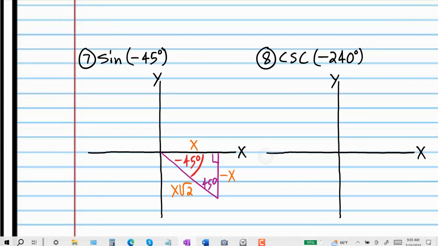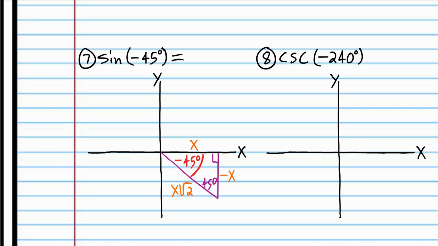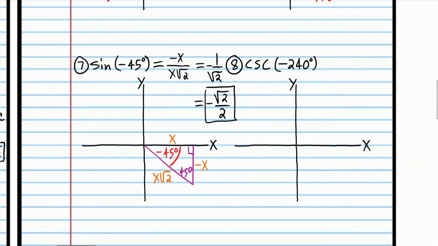So sine is defined to be the opposite side of the red reference angle divided by the hypotenuse. And we can cancel out the x's, so we have a negative 1 over root 2. Problem is, we need to rationalize the denominator, so we multiply both sides by root 2, and we have the following expression. So if you got that right, perfect.